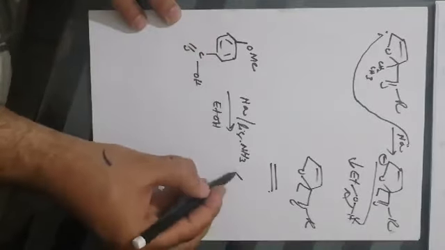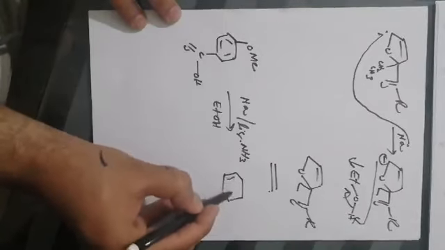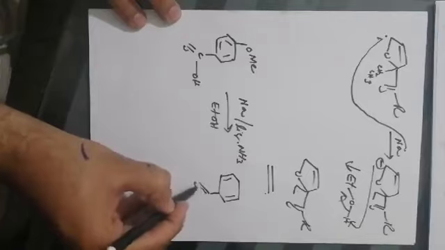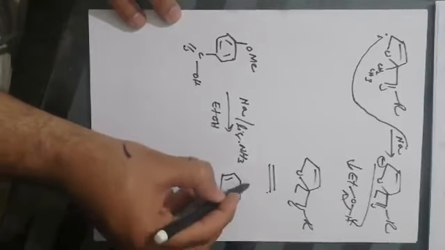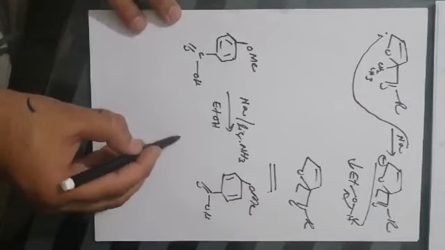Now among these two products, which will be the major product? I'm going to write only the products here. I'm not going to explain the whole mechanism.